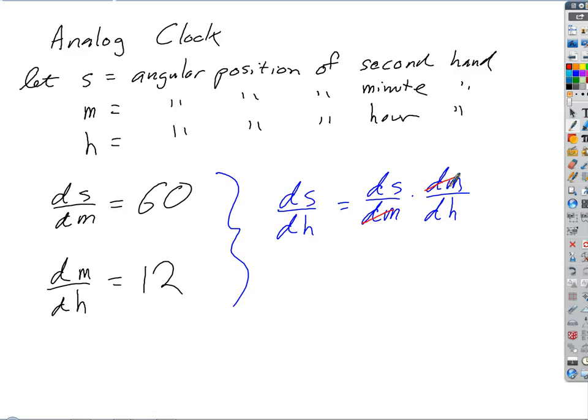What it allows us to do is take derivatives of a quantity with respect to one quantity and link that to a different derivative. So we'll come back to this idea, but just hold that thought.